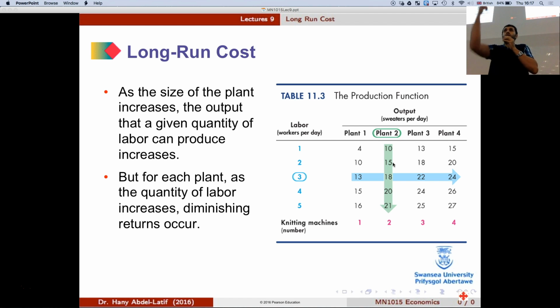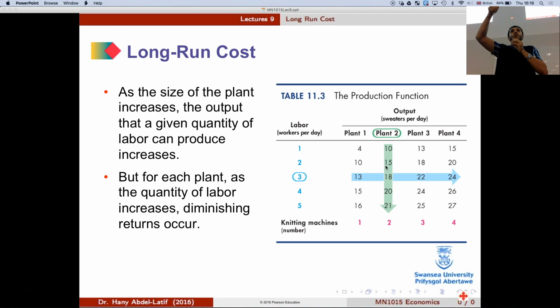The first one gave us 10 sweaters per day. When we added the second, how much did they add? 5. So that's the change in the total product.